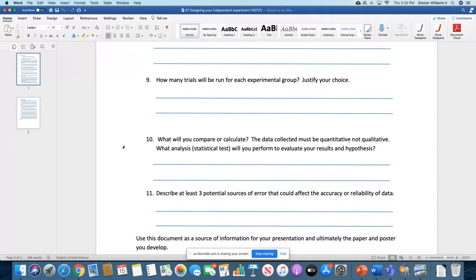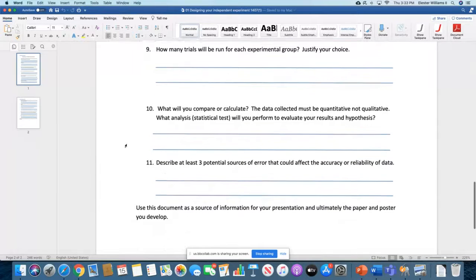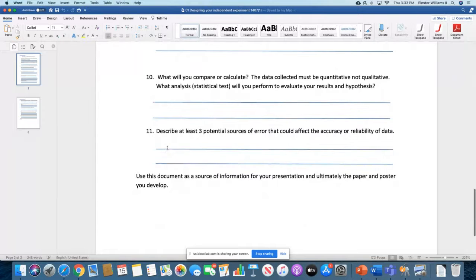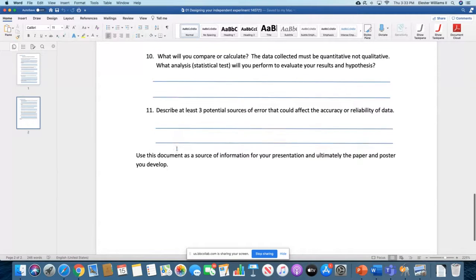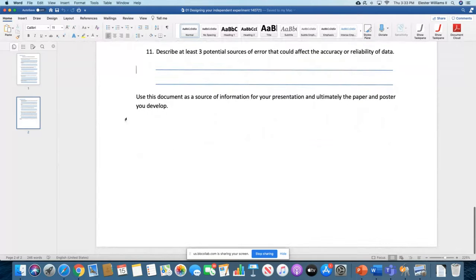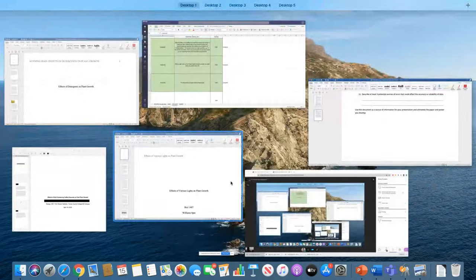So the idea is that you'll have to use one of those three types of tests to best analyze your data. There are other statistical tests, but you aren't really expected to know them or be able to use them quite yet. And then look at potential sources of error in your experiment as well. Ultimately, you'll be doing a presentation on this and a paper.